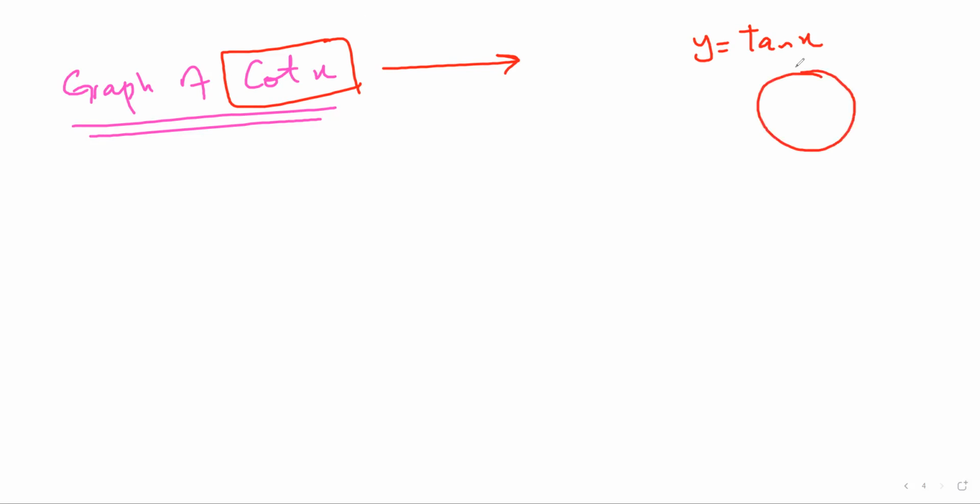So first, the critical values of this tan x. We have 8 values for the tan x. Here we have 0, then 1, then infinity, -1, 0, 1, infinity, and then -1 here. If I show you its sketch, it looks like this.